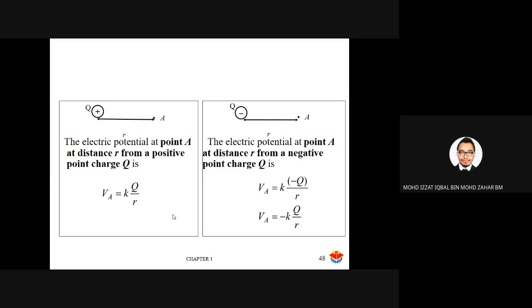Okay, this one. Remember that I told you potential is a scalar quantity. So for a scalar quantity, if you have a negative, you have to substitute the negative sign inside here. This one is positive, this one is negative. Leave it like that. What does the negative mean?